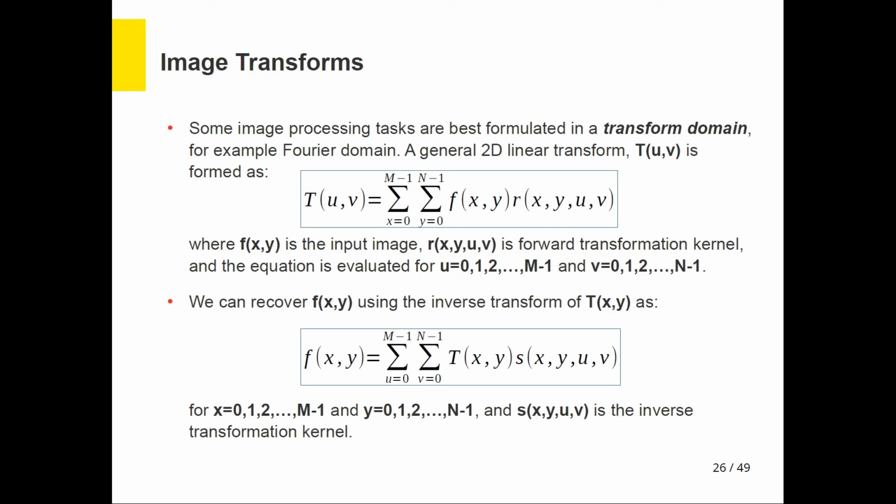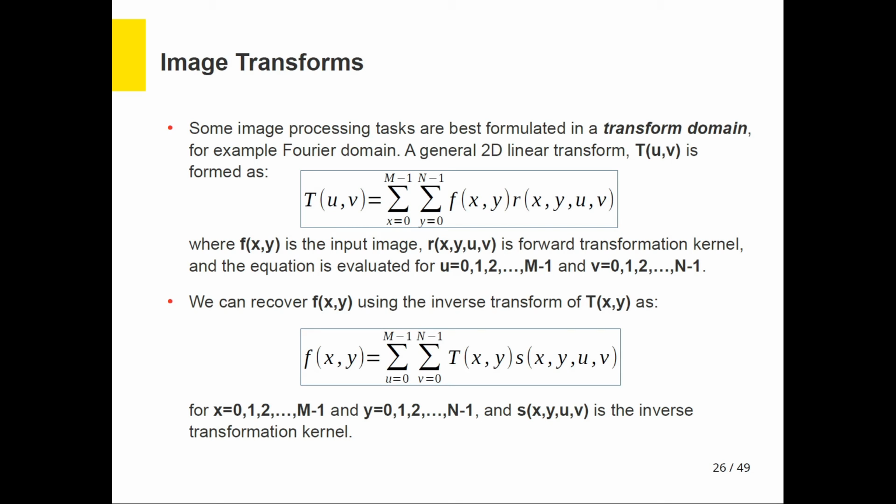At this point I'm not going to go over the specifics of this R function, so I'll just assume it is any general function. This equation is evaluated for all the values of u and v.